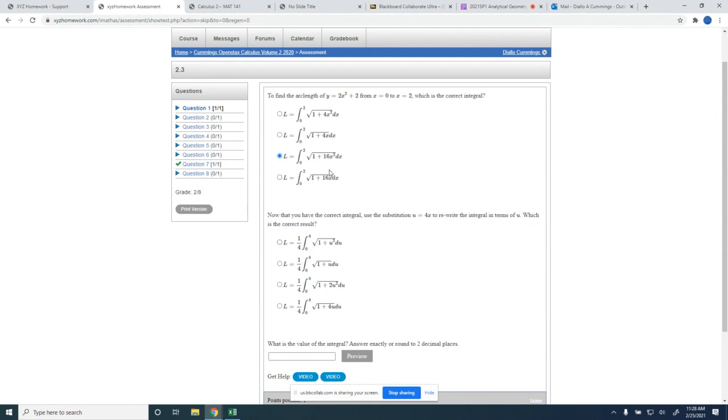If you were doing this problem, you could simply evaluate this in the calculator, but here they're asking us to rewrite the integral in terms of u by using a u substitution. So let's see how that is done. They specifically want us to substitute u equal to 4x.